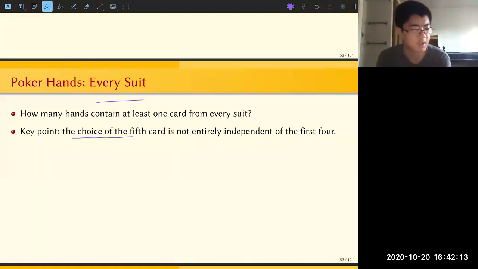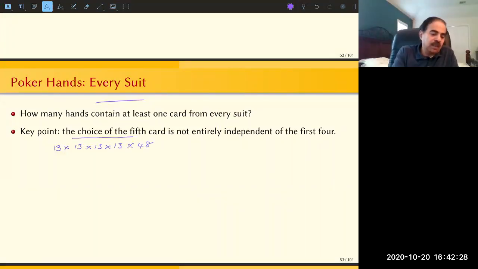Would it be 13 times 13 times 13 times 13 times 48? The explanation being, well, you know that all 4 suits have to be there. So there is no choice of the suit itself because all 4 have to be there among the first 4 cards.